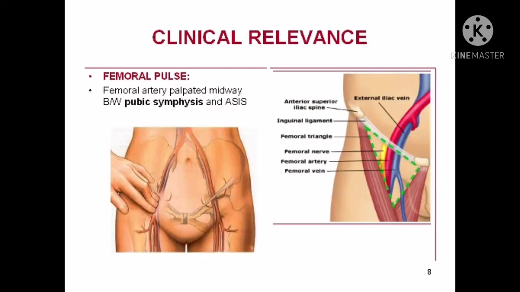Clinical relevance of the femoral triangle. The femoral pulse: the femoral artery is palpated midway between the pubic symphysis and the anterior superior iliac spine, as shown in the diagrams. You can see the arrangement of the blood vessels and the inguinal ligament, and that the femoral artery passes midway between the pubic symphysis and the anterior superior iliac spine.